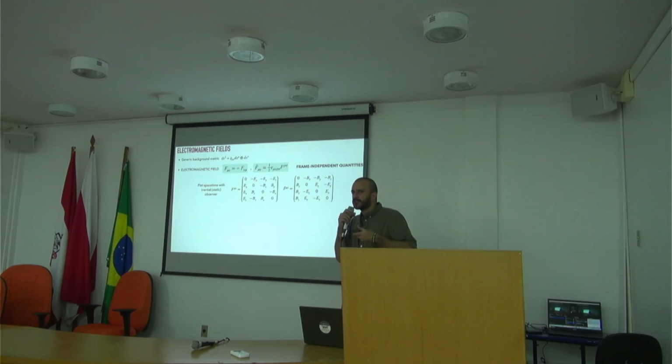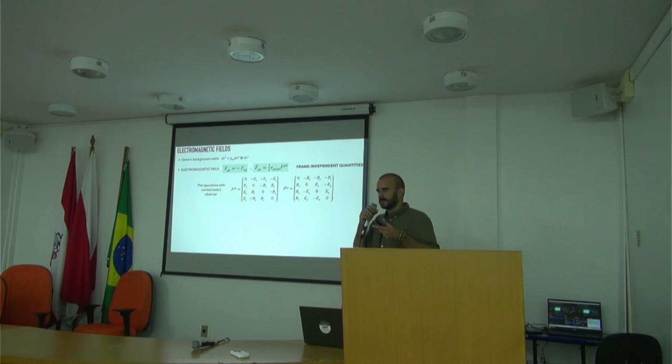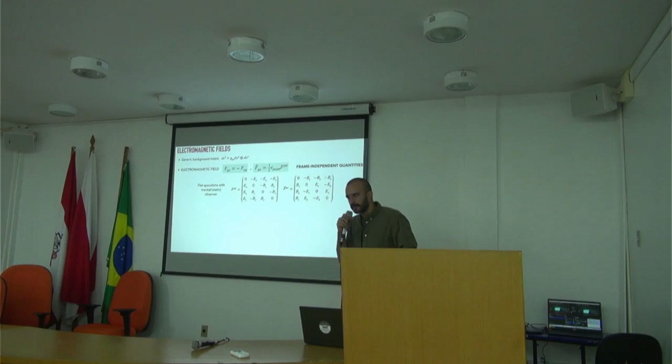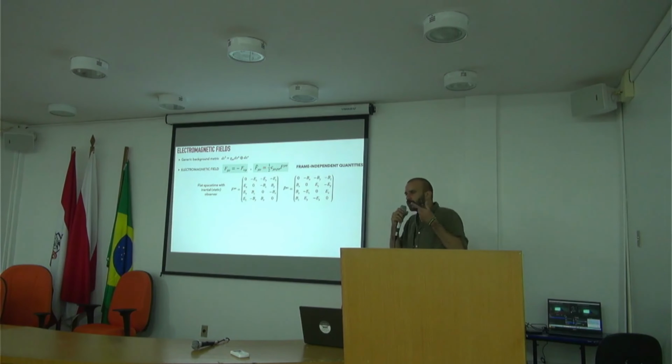And sometimes it is convenient to split the electromagnetic field into electric and magnetic fields, because our mind is probably more used to thinking in terms of three-dimensional objects, even though the true frame-independent, relativistic object is the electromagnetic field on its own, represented by the Faraday tensor.